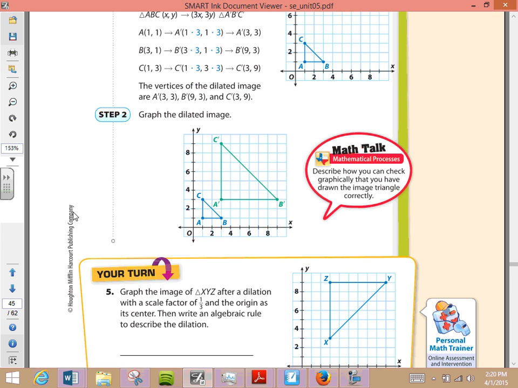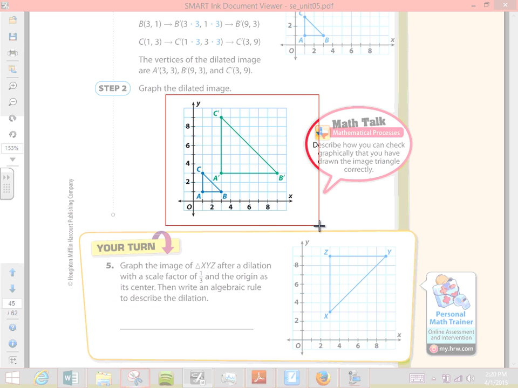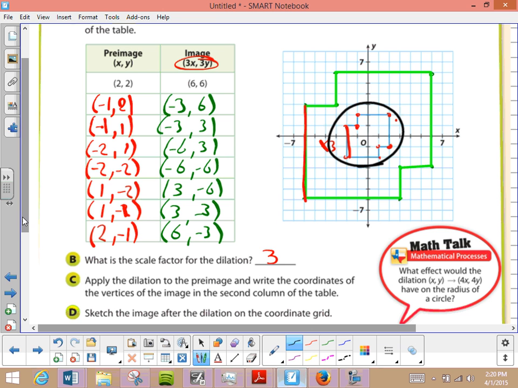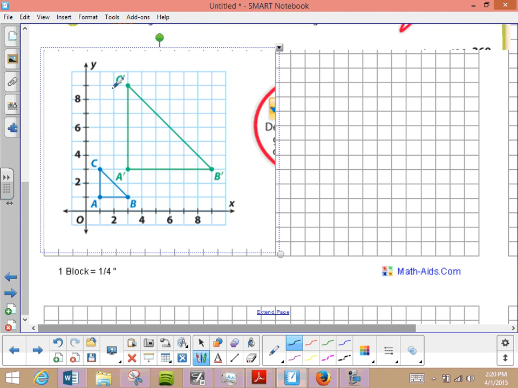A good way that I usually check if I did the dilation correctly is by doing the following. If the center of dilation is literally the origin, then when I grab this and do this, it should cross all the points. You notice A prime right here.